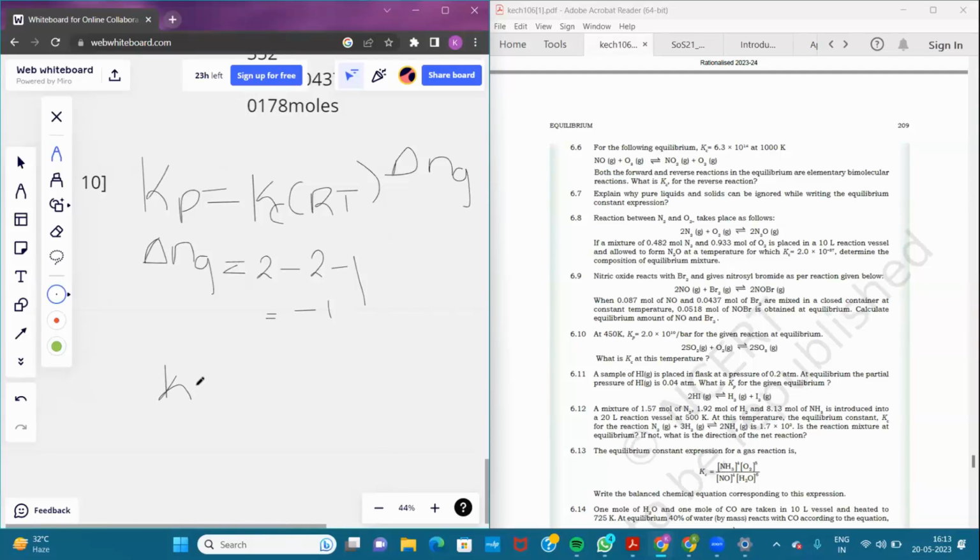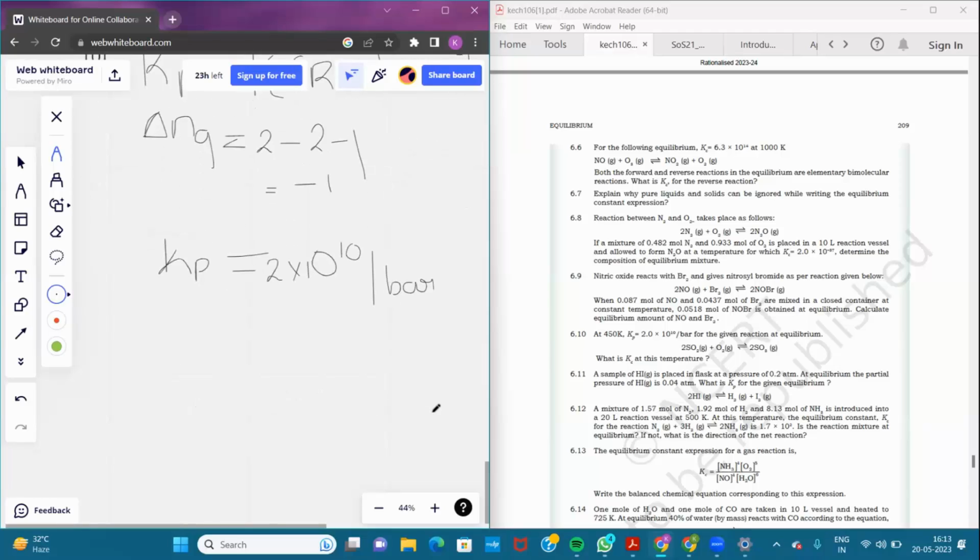Kp is given as 2 into 10 power 10, here units were given as bar inverse. Because delta Ng is -1 here, we'll get per bar.